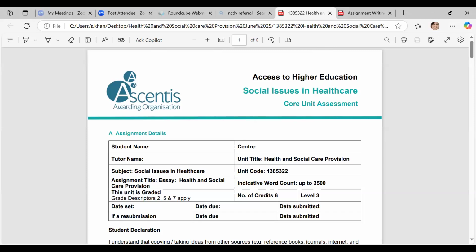The first learning outcome we looked at was to understand how measurement of health and social care provision informs services. We looked at health-related data, so changing patterns of things like mortality, infant mortality, morbidity, measures of morbidity.